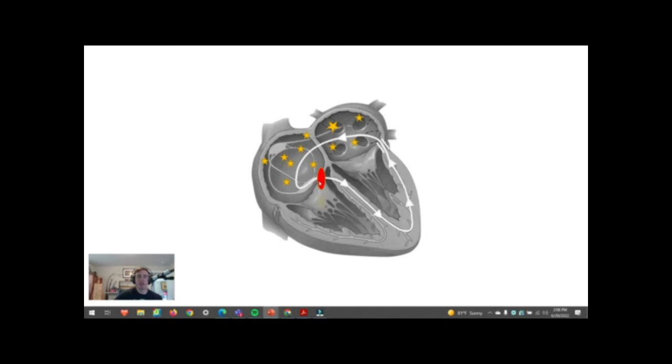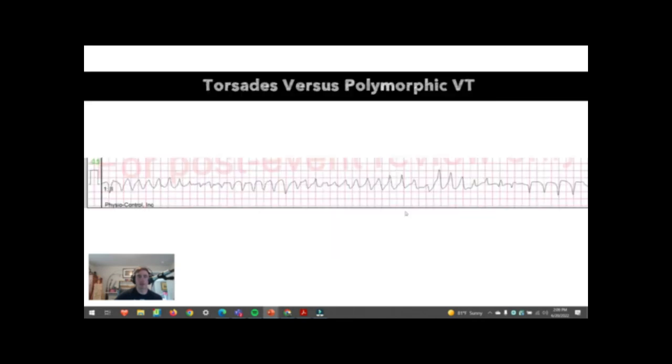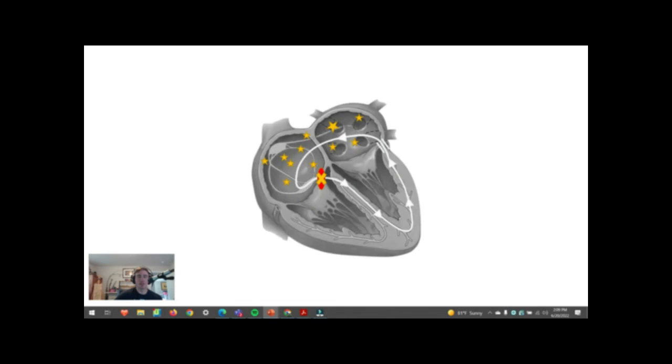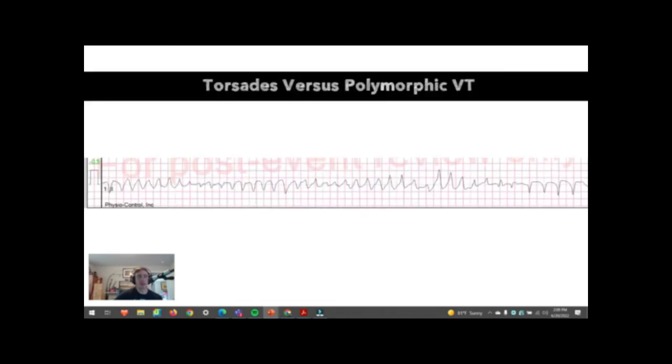When we give adenosine and we block the AV node, up to 600 impulses a minute have no choice but to go through the accessory pathway, because you gave this medication and blocked it. Now they go through the accessory pathway, and then what happens? VFib. You get VFib.